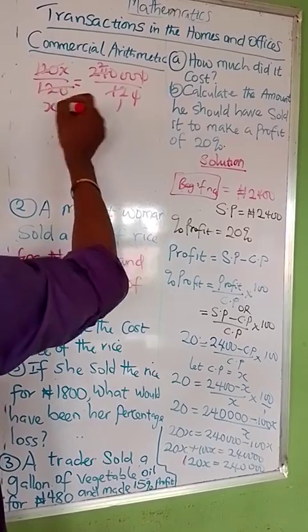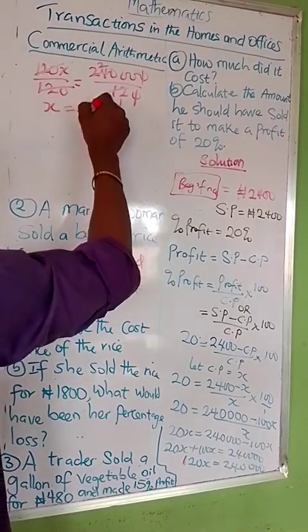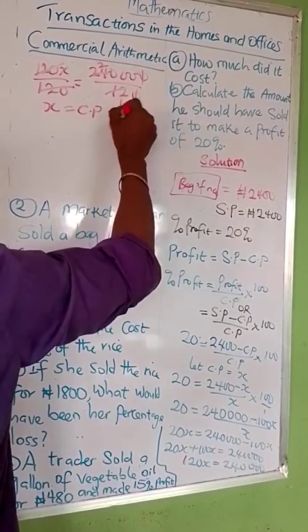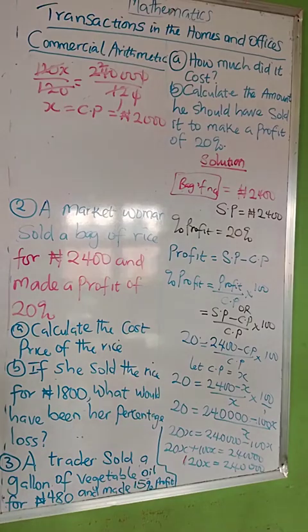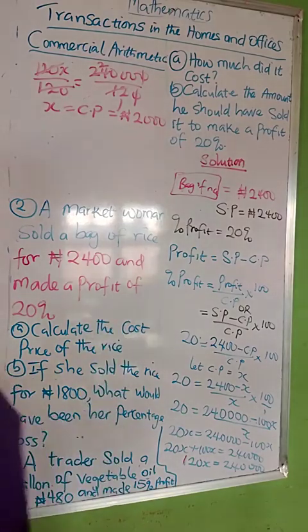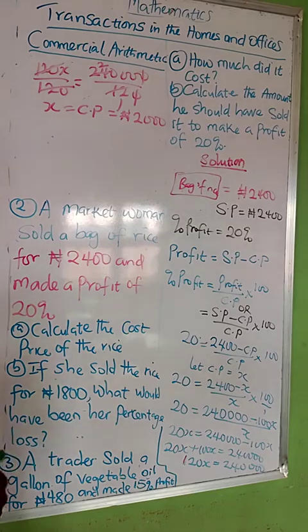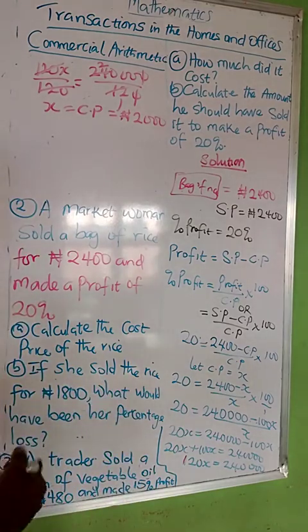So our x, which is the cost price, equals 2,000 naira. The method looks long, but it's actually simple. You only need to understand it. There are shorter ways to do it, but this is the best way for better understanding.